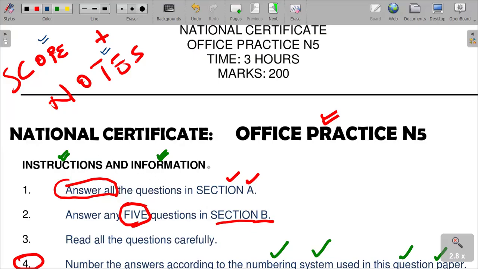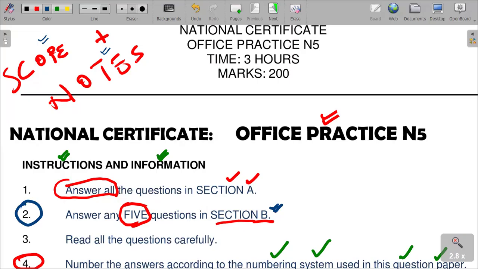Section A, you answer all the questions, as you have seen from the ticks that I have put here. Then answer any five questions in section B. Please understand, any five, they can be in any order. You can choose to start with question 7, or you can choose to start with question 2, whatever order you choose.